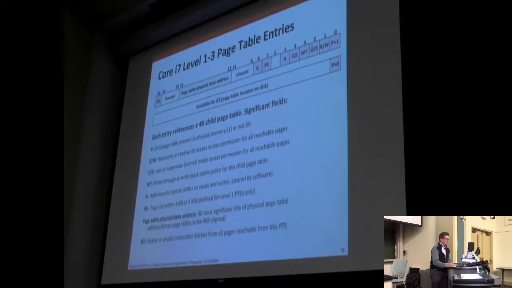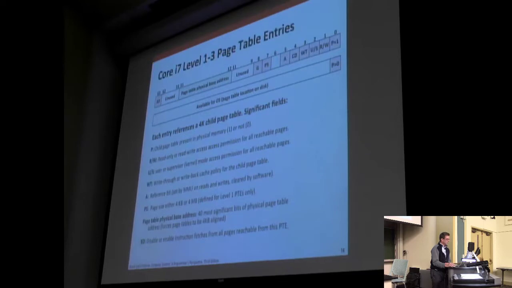There's also a bit that indicates whether users can access that or if they need to be running in kernel mode. This is how the kernel protects its code and data from user programs. There's a bit to indicate whether we should be using write back or write through for these page tables, and all the systems I know of use write back just because of the enormous miss penalty.